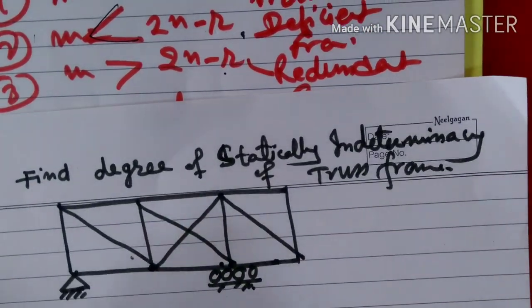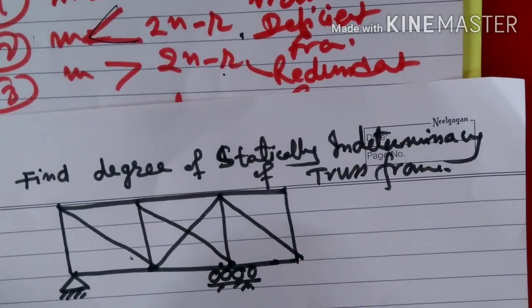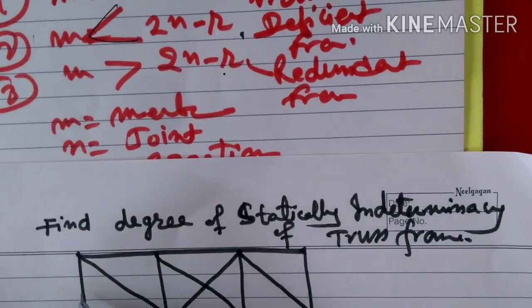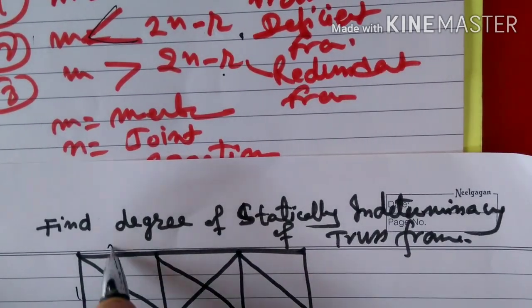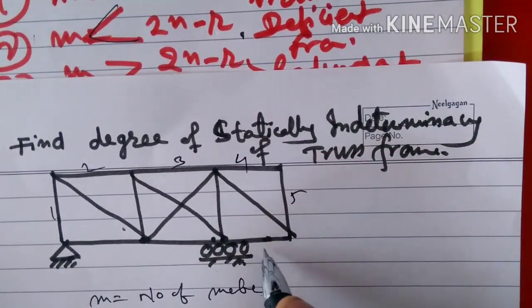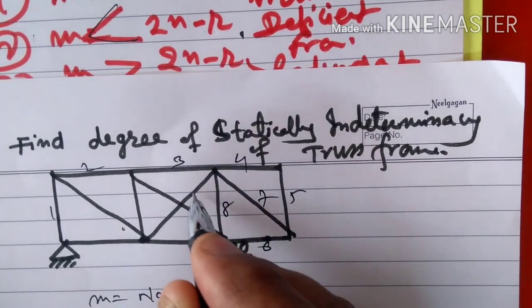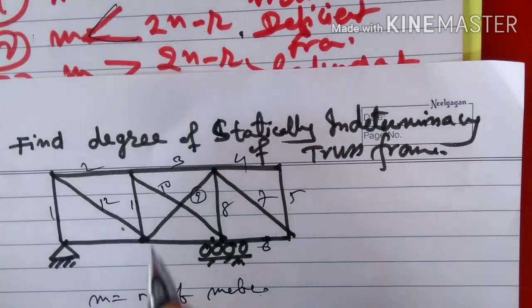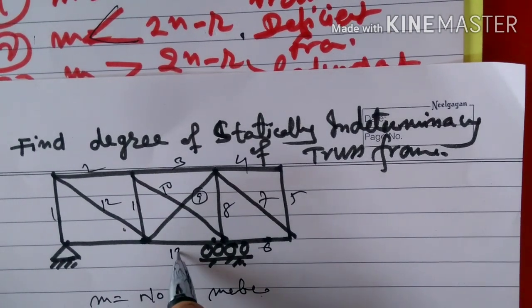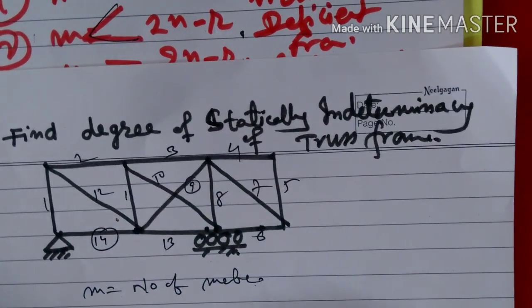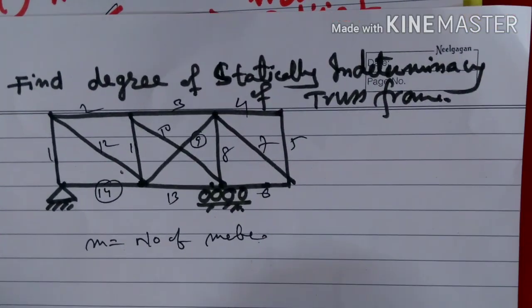Here write M. M is the number of members. What is the number of members here? 1, 2, 3, just count on 4, 5, 6, 7, 8, 9, 10, 11, 12, and this is 13, and this is the 14. So the number of members is 14.